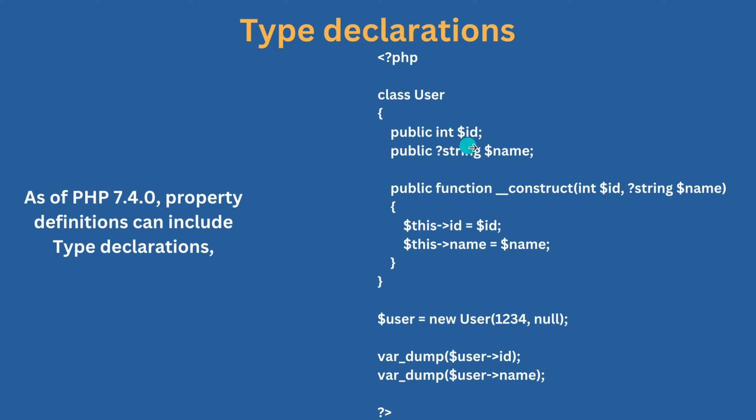But once I declare it as integer, it can only accept integer values. So type declaration makes your code more robust and stricter, like Java or .NET, where the type always matters.